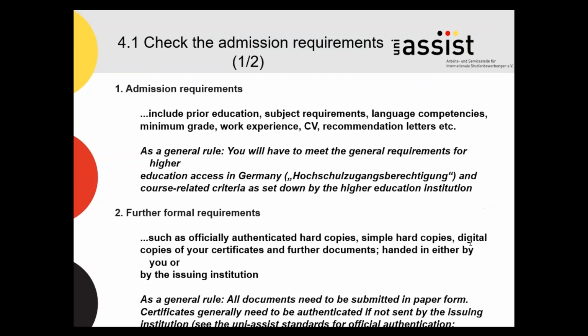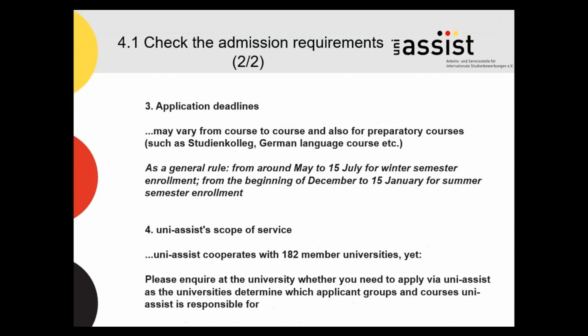Furthermore, further admission requirements also apply to the guideline, to the deadline you have to match. That is also important as they can vary from course to course, and also if you have to visit the Studienkolleg before or you want to take part in a German language course.